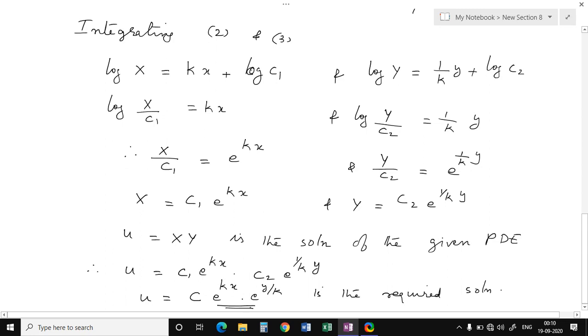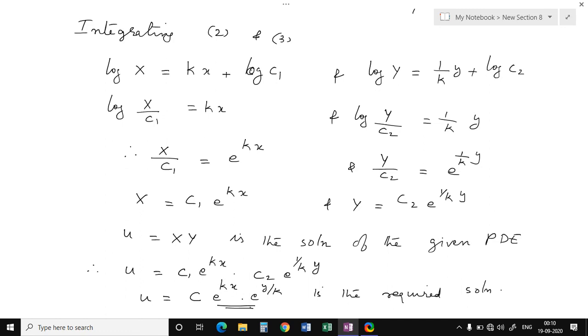So in the method of separation of variables, first we assume u equal to XY is the solution, and then we find all the partial derivatives involved in the given question. After that, substitute these partial derivatives and the value for u in the given equation, and then rearrange the terms in the partial differential equation in such a way that one side contains only functions in one variable.